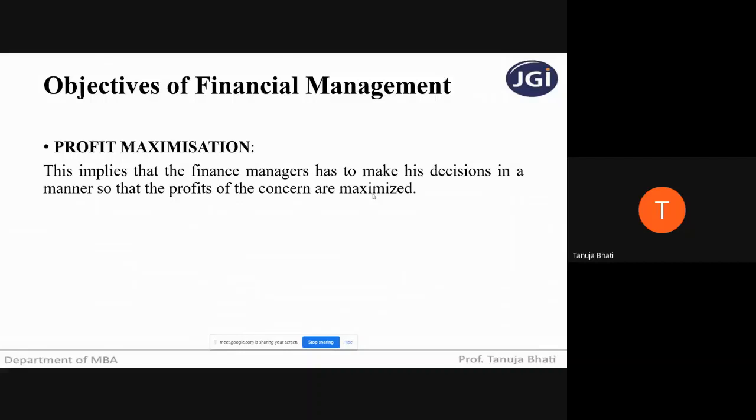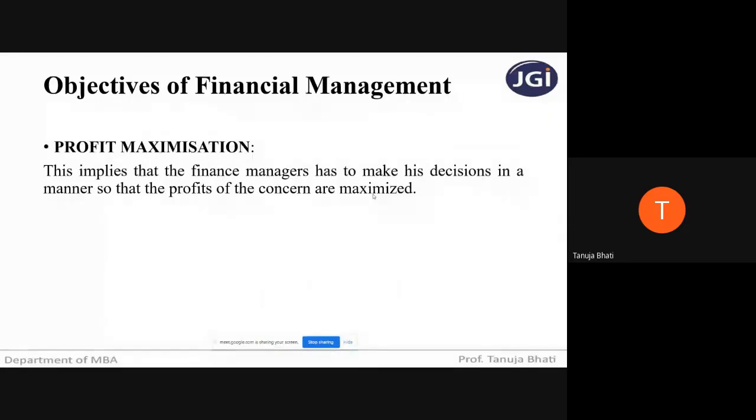So one objective of financial management is profit maximization, in which the financial manager has only one thought in his mind: how should the company earn maximum profits out of the financial resources that have been applied into the company. So profit maximization means that the financial manager just thinks of maximizing the profit of the company.